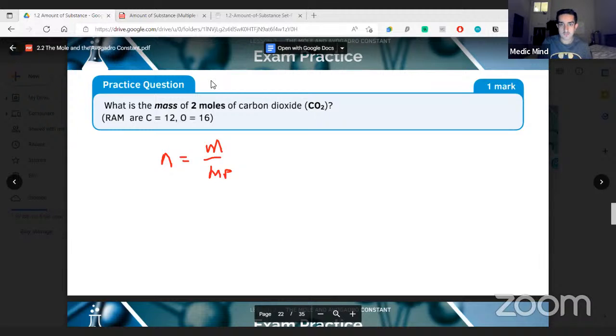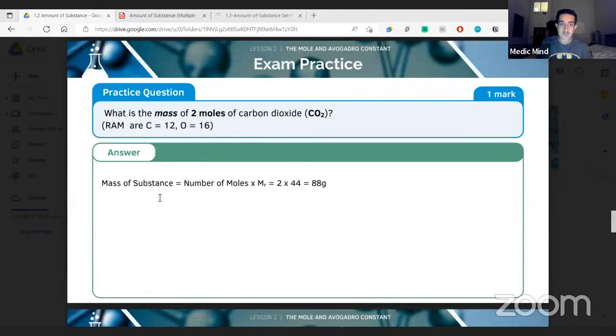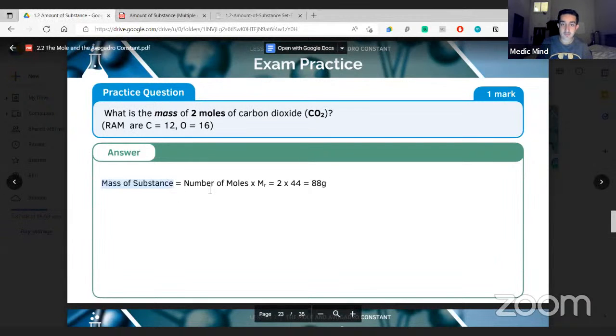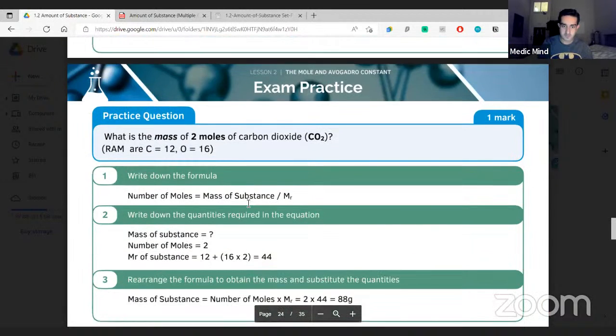Put your answers in the chat. 88 grams. Yeah, and so we're seeing lots and lots of 88 grams. Well done. Because mass of a substance is the number of moles times the MR. There are 2 moles. The MR is 44, which means it's 88 grams.